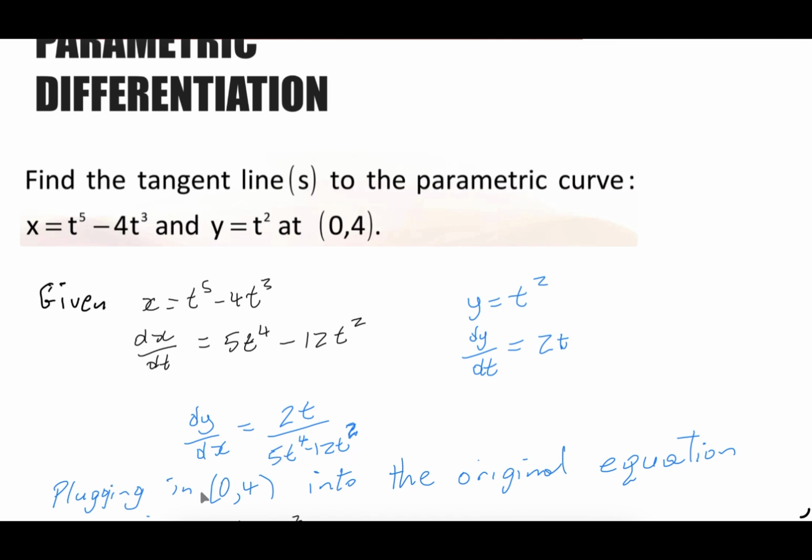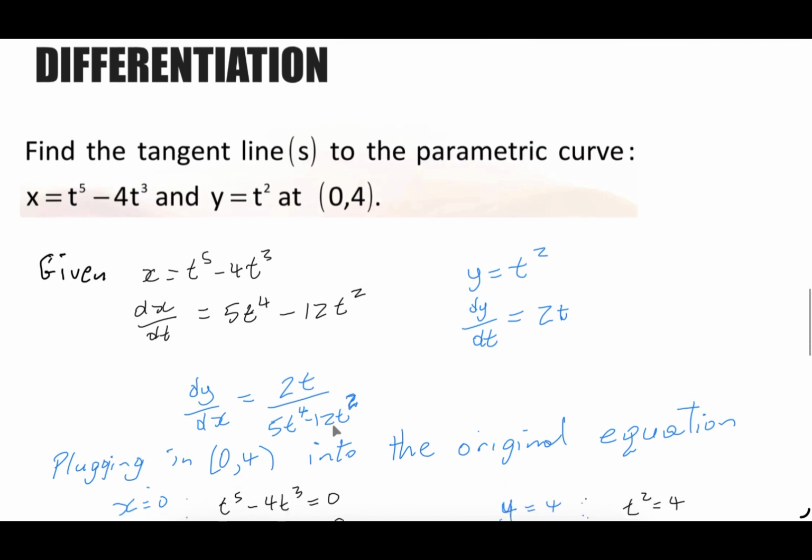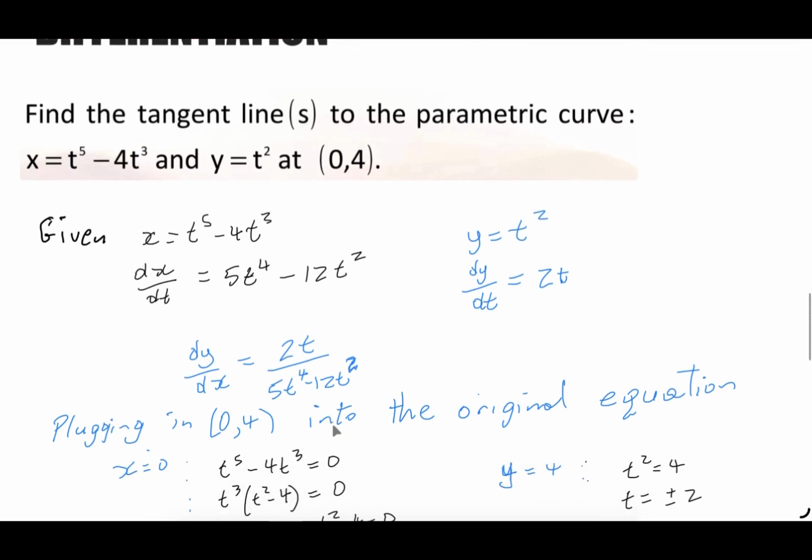I want to plug (0, 4) now into the original equation to get values for t. So we plug in x equals 0, because these are x values. You need values of t to plug back into your derivative equation.